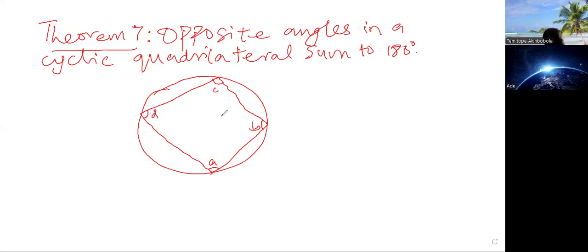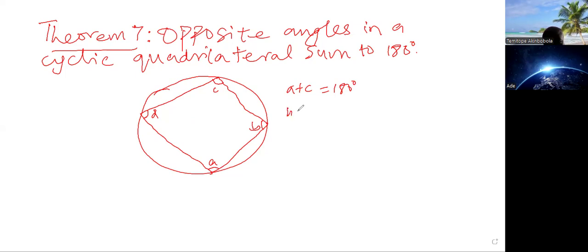So by the theorem that we just stated, opposite angles in a cyclic quadrilateral. So A is directly opposite to C. So that means A plus C equals 180. That's what that theorem is saying.